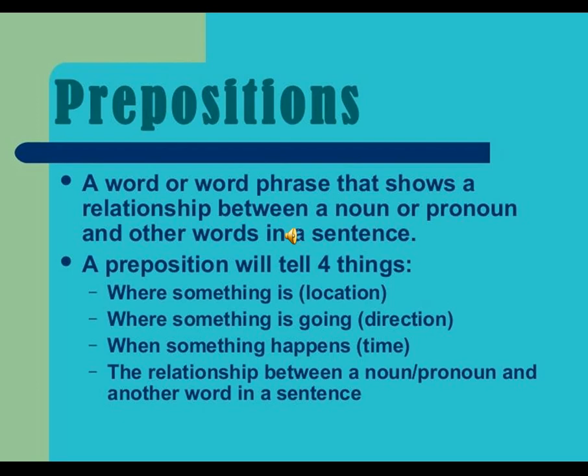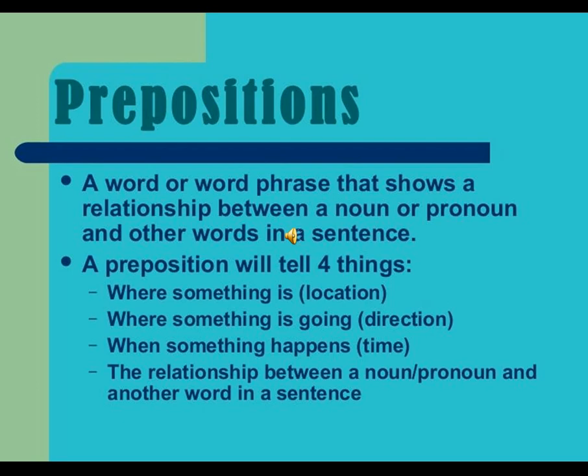So, if you are asked to define what exactly prepositions are, you can write: a word or word phrase that shows a relationship between a noun or pronoun and other words in a sentence. So this is basically what prepositions are. Any word that tells us what relationship there is between a noun and the other part of the sentence is called a preposition.